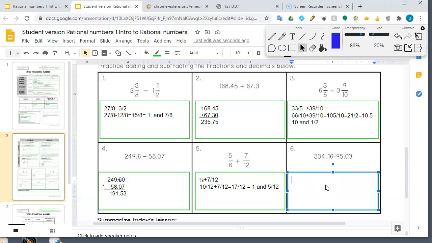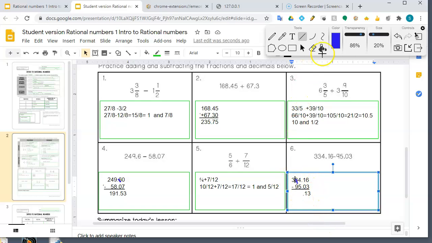Last one for the notes for today. We've got 334.16 minus 95.03. Everything lines up today because they're both into the hundreds place. That first subtraction is going to be 3. That second subtraction is going to be 1, so it's going to be 0.13. Then we're going to have, cross that out to get this one here.